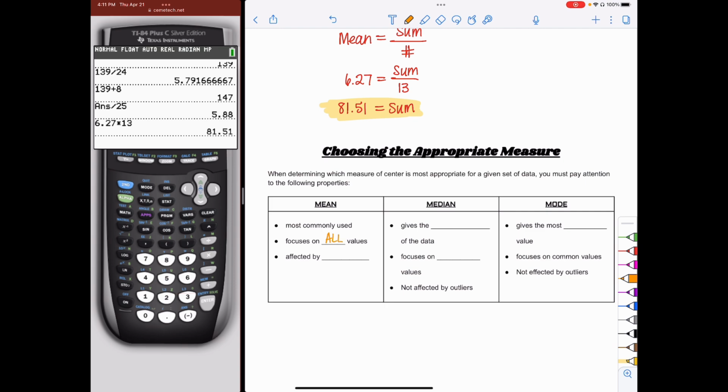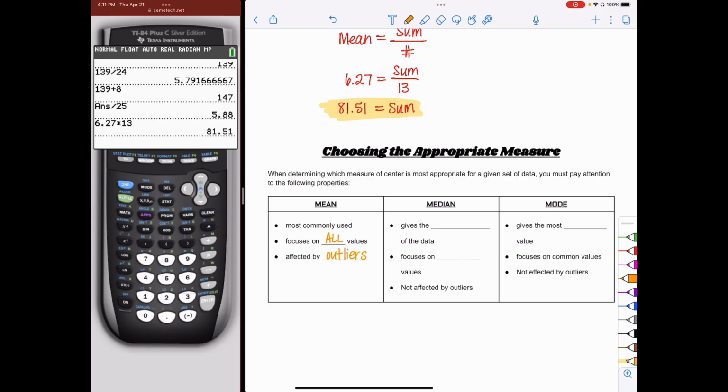And it is affected by outliers, meaning numbers that are very, very big or very, very small will affect the mean the most. If you have a number that's really, really big, it's going to bring your average up. If you have a number that's really, really small compared to the rest of the data, it's going to bring your average down. So I like to tell students to think about grades when you think about mean.